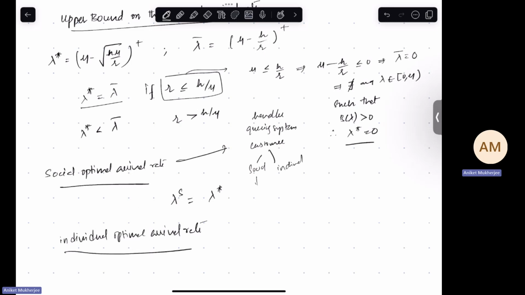Social customer means that I have a third person who looks at all the customers and then takes a decision so that the average reward that the customers get is maximized.